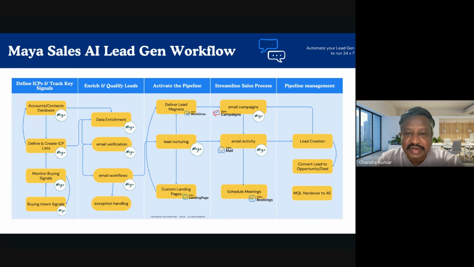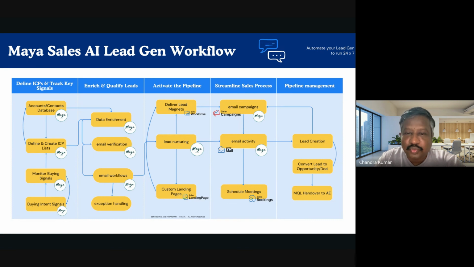You may decide on other activities as appropriate to your organization. However, once we convert a lead to an opportunity or a deal, and that gets marked as an MQL, or marketing qualified lead, the entire process for Maya, as far as the lead gen workflow, gets completed and marked as a success.